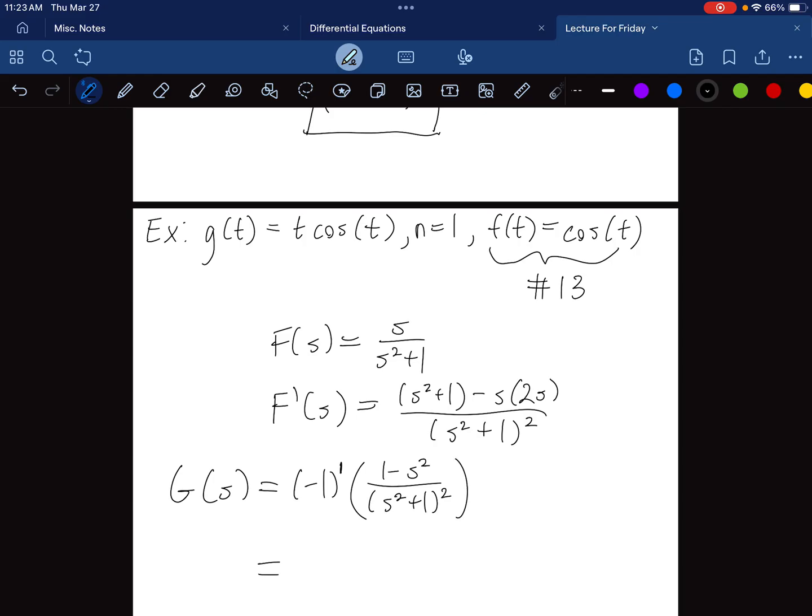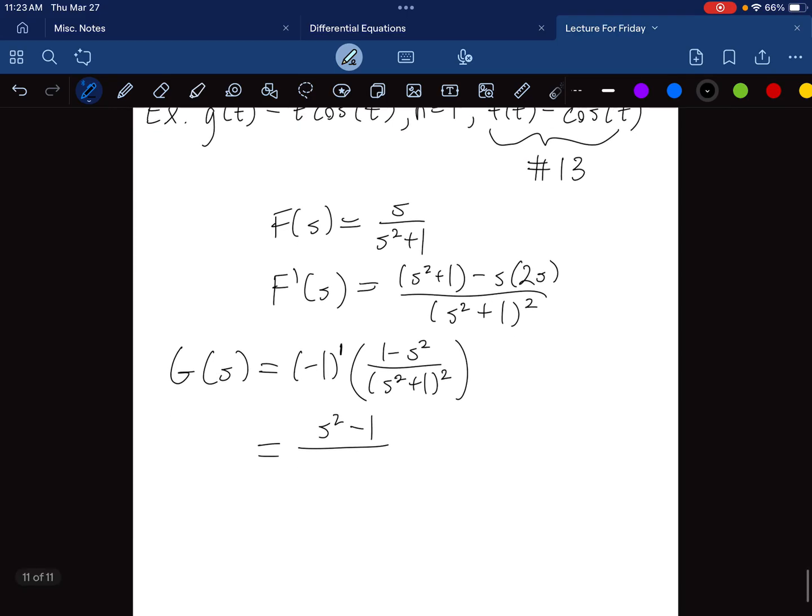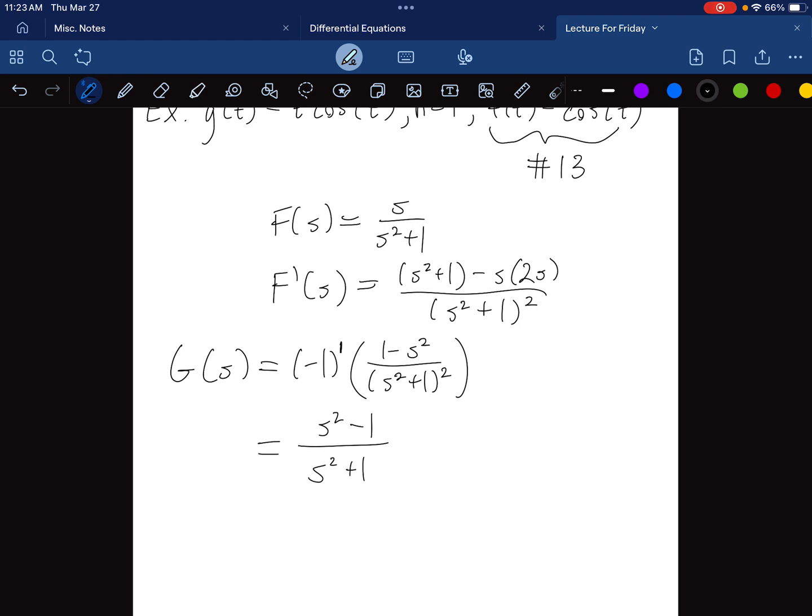And then this is just going to equal s squared minus 1 over s squared plus 1 squared. It's going to be our final answer.